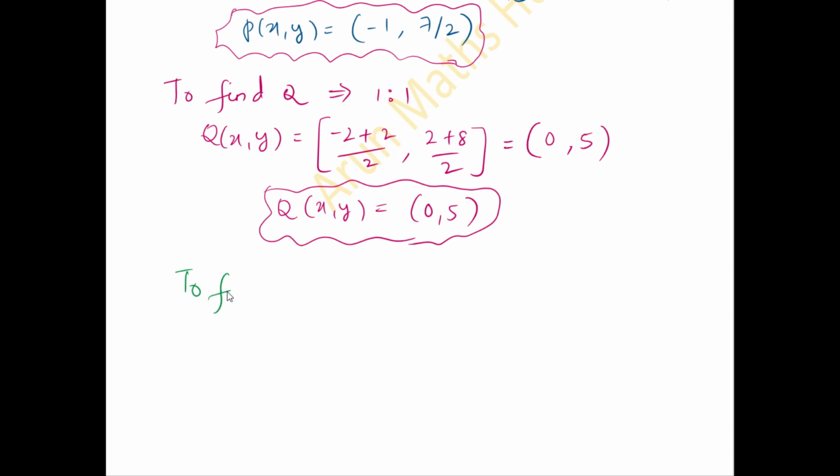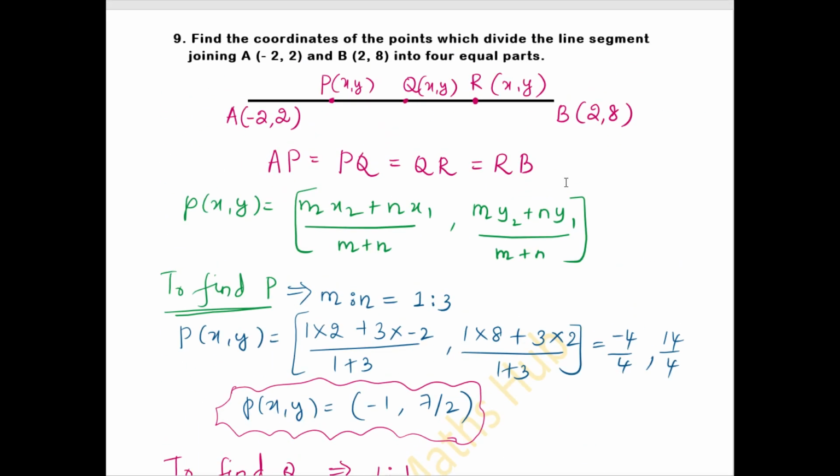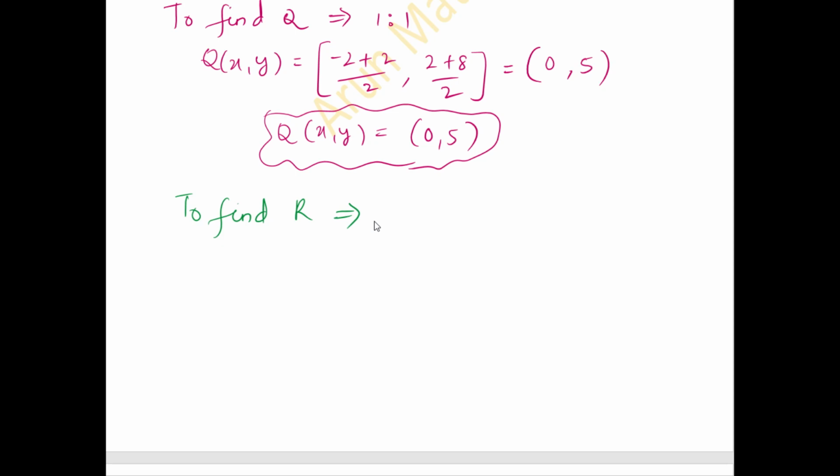Now to find point R, the ratio will be, see students, the point R divides the line segment in the ratio 3:1.